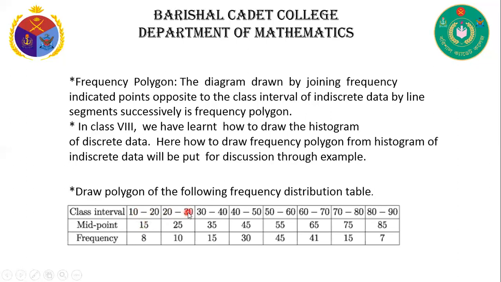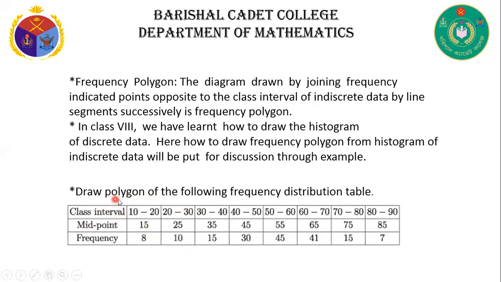In the same way, 30 plus 20, that means 50 divided by 2, 25. And 40 plus 30, that means 70 divided by 2, 35. In the same way, we can find the midpoints of the class intervals. And the given frequencies are 8, 10, 15, 30, 45, 41, 15, 7. This is our given table.